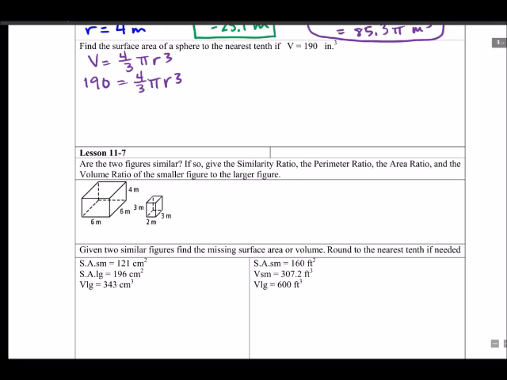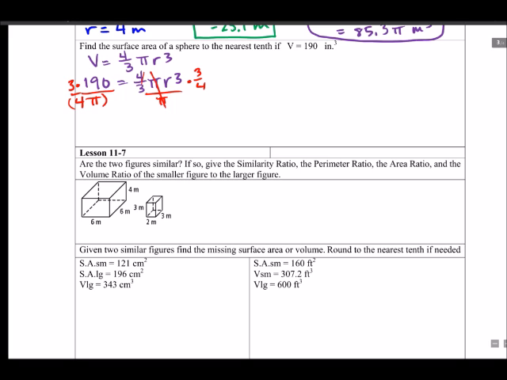And then we want to get r by itself. So I'm going to multiply both sides by 3/4. That'll cancel this out. So this is times 3/4. And then I'm going to divide both sides by pi. I'm going to remember that this 4 pi needs to be in parentheses down here.